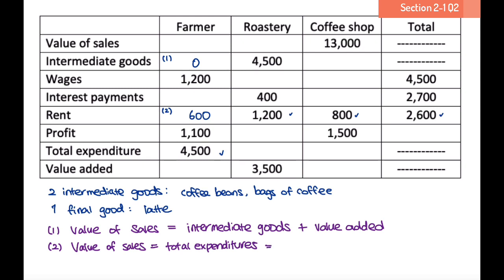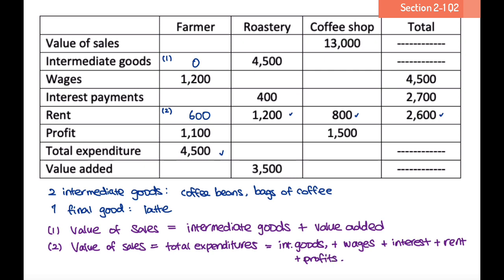It's going to be spent on buying intermediate goods for production. It's going to be spent on paying their workers wages, paying any interest payments, paying rent, and what's left over is going to be the producer's profits.